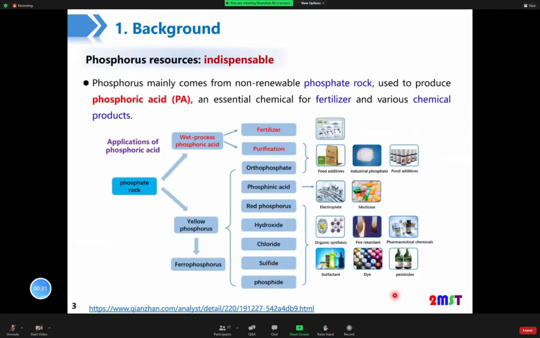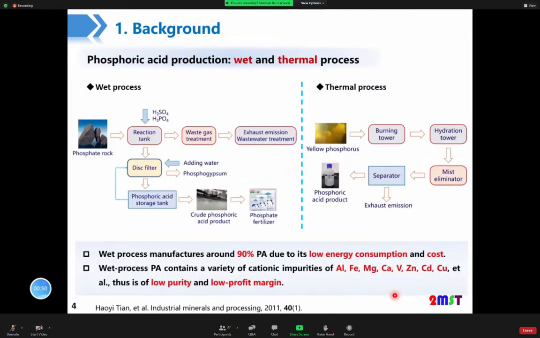Phosphorus is indispensable and mainly comes from phosphate rock, used to produce phosphoric acid, an essential chemical for the fertilizer and various chemical products, as shown in the figure. There are 2 midstream production processes of phosphoric acid, the wet process and the thermal process.